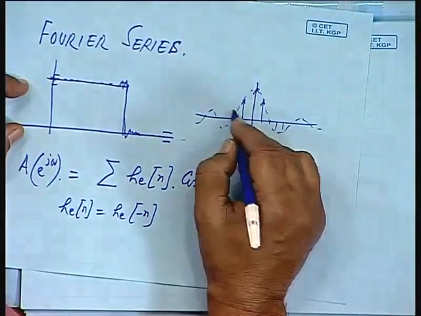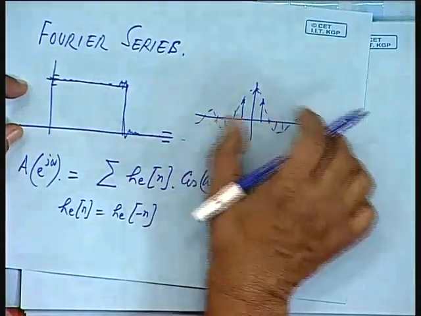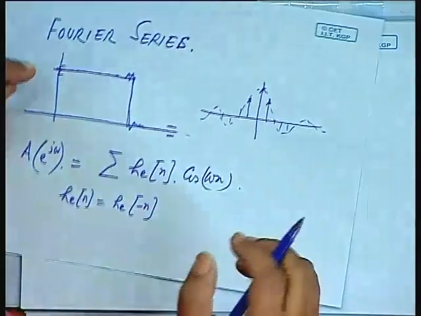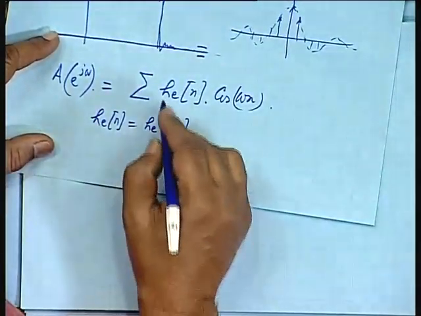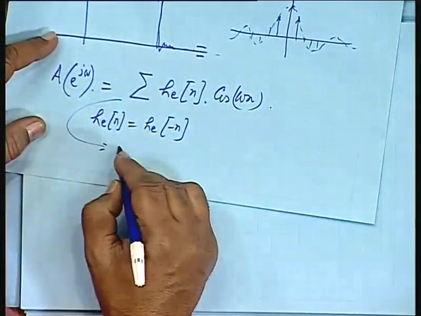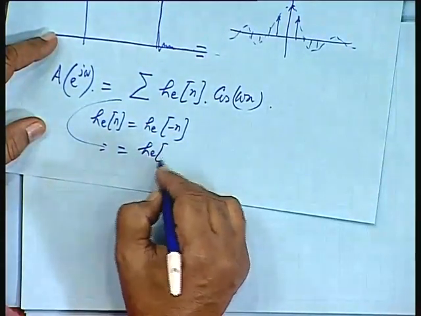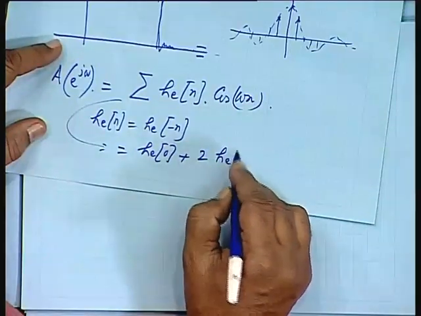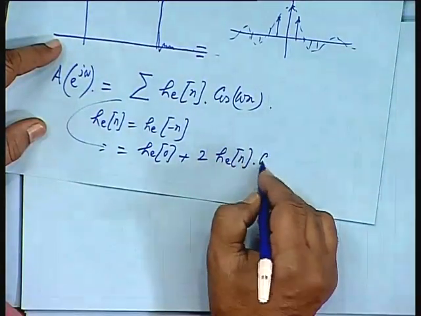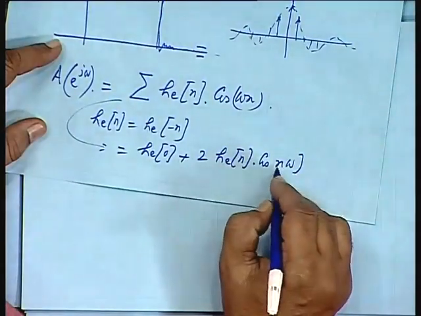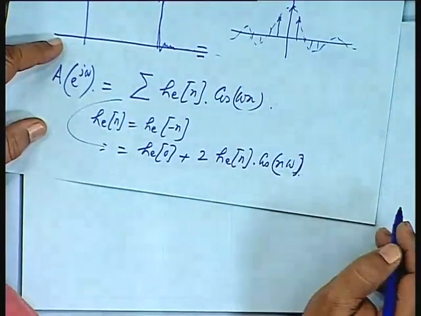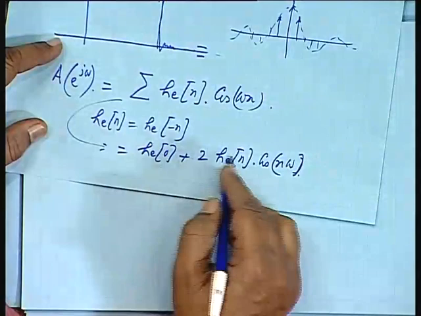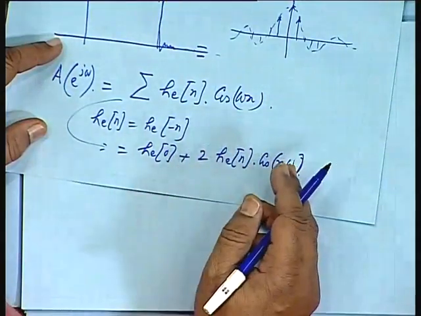You have seen in the tutorial class also, one of the problems was like this. So, this will be equal to h e 0 plus twice h e n cosine n omega. In the last tutorial class we had that series minus 3 by 2, 1, 1 and so on.